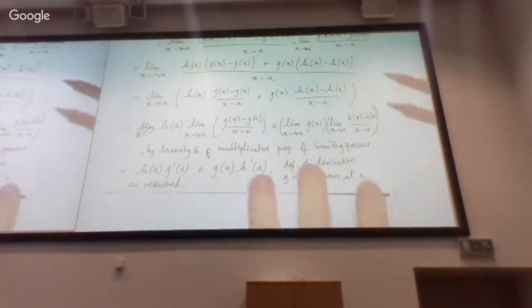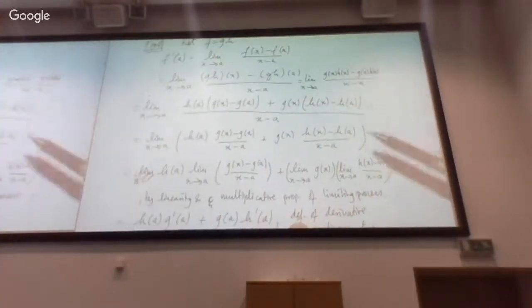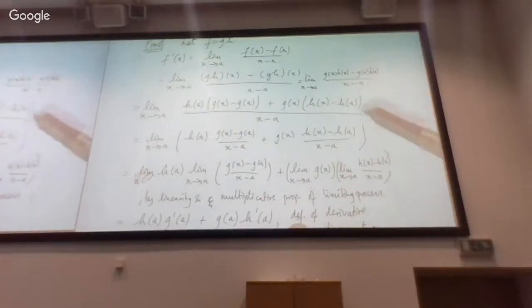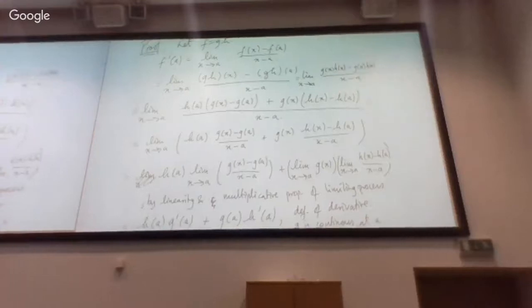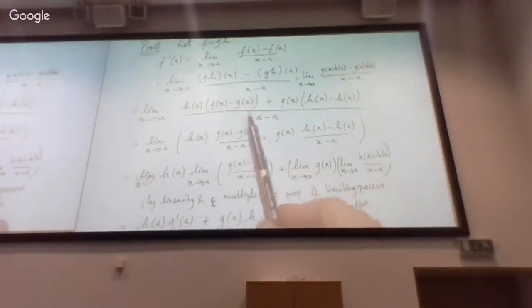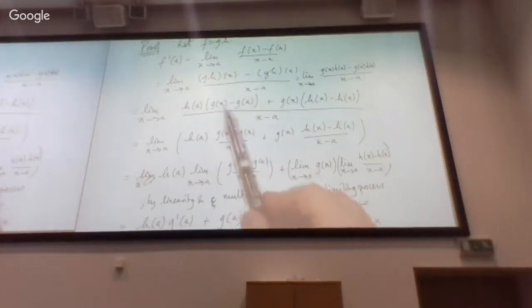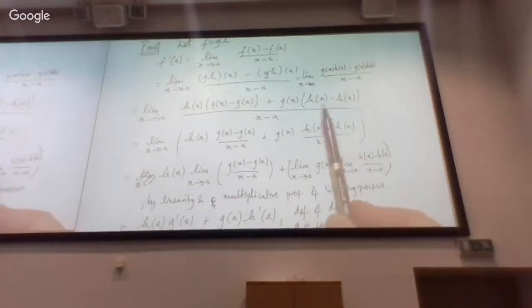There's a little bit of a semi-magic step here, going from this expression to this. Why do you go to this? Well, you go to this because it works. But the motivation behind it is that you're beginning to form these differences, g of x minus g of a and h of x minus h of a. You're beginning to form those, which will turn into the derivatives of g and h.